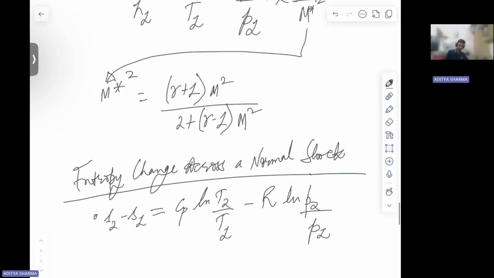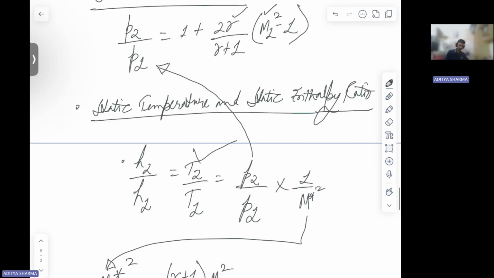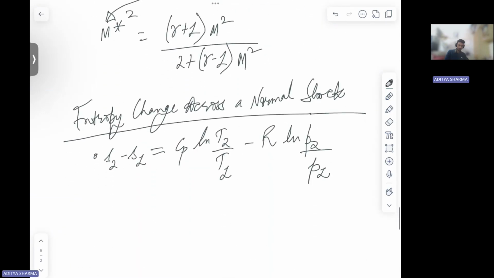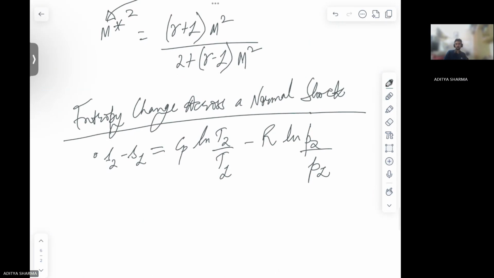T2 by T1 we have seen, P2 by P1 we have seen. So using these relations we can get the entropy change across a normal shock.